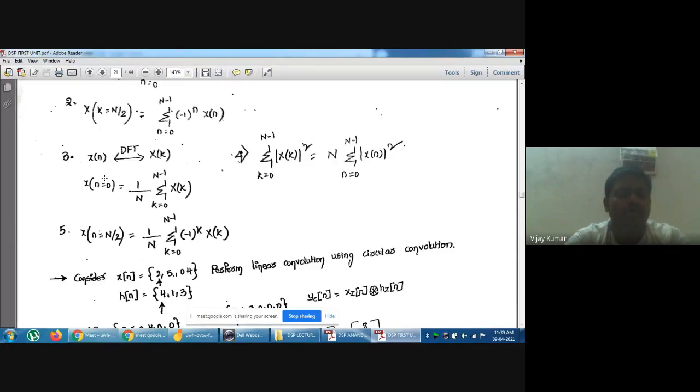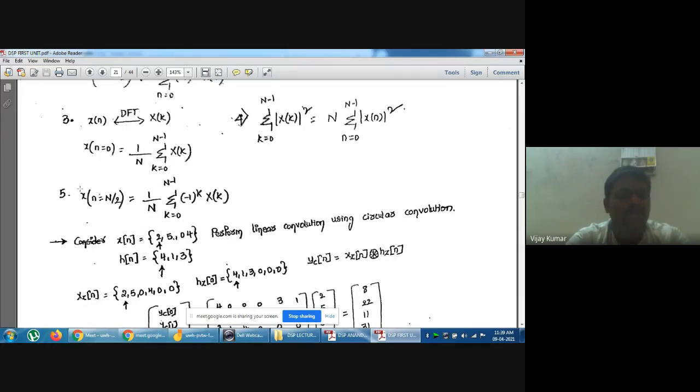If you want to compute the IDFT for a given sequence x of k, the first value of x of n will be 1 by n times the summation of all values of x of k. Similarly, for x of n equal to n by 2, it will be 1 by n times the alternate minus plus of x of k.